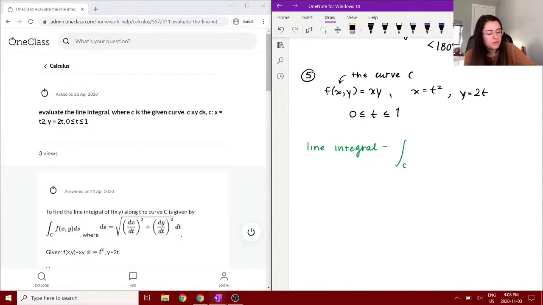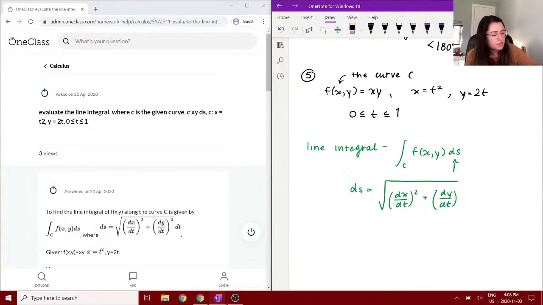We have integration for the curve C, that's what that little C means, for the function f by ds, where ds is equal to the square root of (dx by dt) squared plus (dy by dt) squared, dt. So dt is outside of this square root.